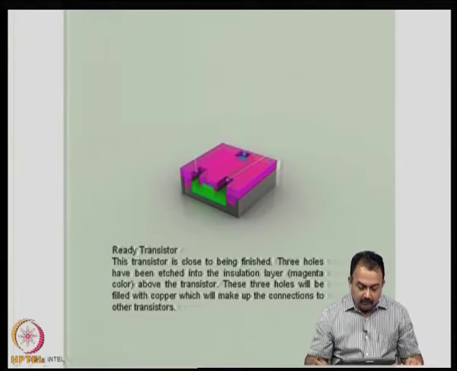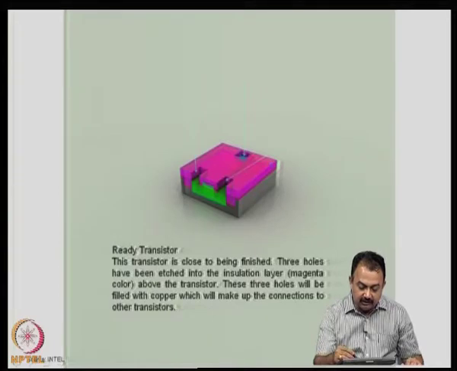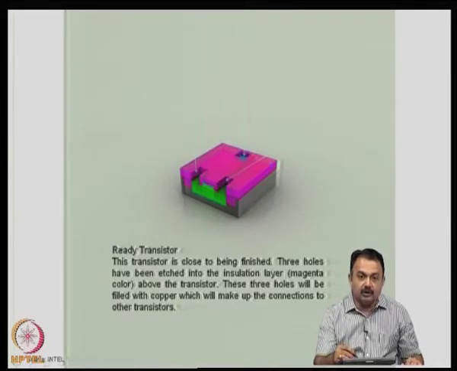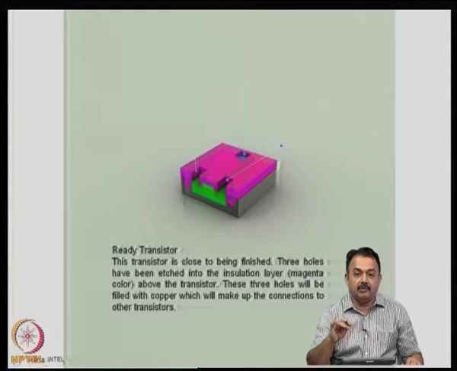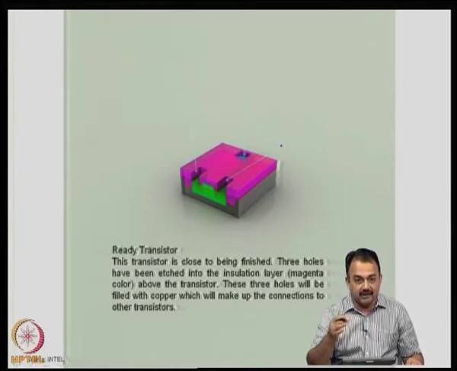Now, the transistor is close to being finished. 3 holes have been etched onto the insulating layer. So, this magenta material is the insulating layer. You want to insulate it because that particular process is over. So, you convert the surface into an oxide and then make it passive.